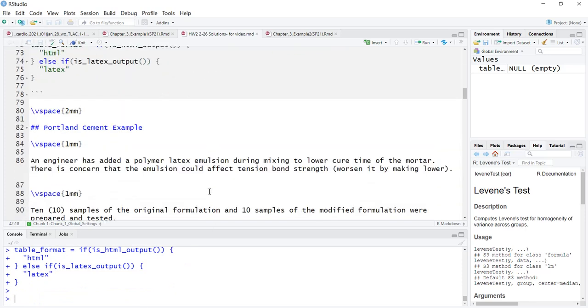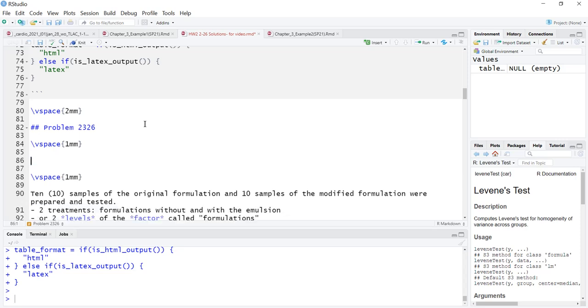Okay, now this problem that we're going to do is 2.26. So this is problem 2.26, and I need to take out the information here about the Portland cement. I need to replace it with 2.26.